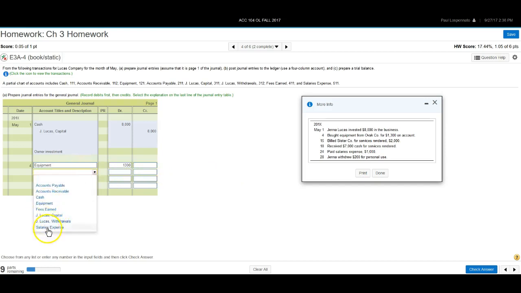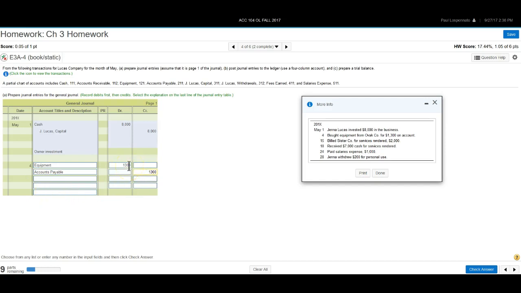We're not paying cash, but we are adding to the liability accounts payable. You know that accounts payable are increased with credits, so when that gets posted over to the accounts payable account, it will in fact add to the liability.